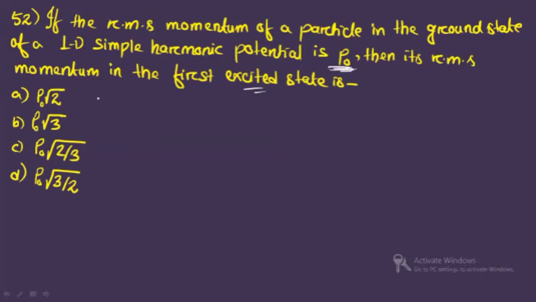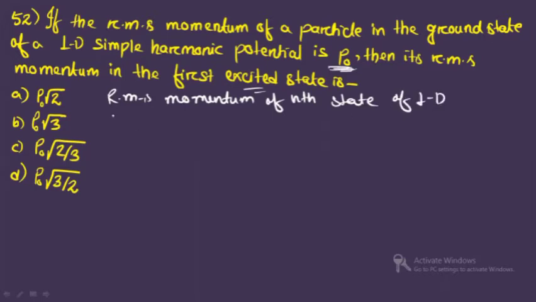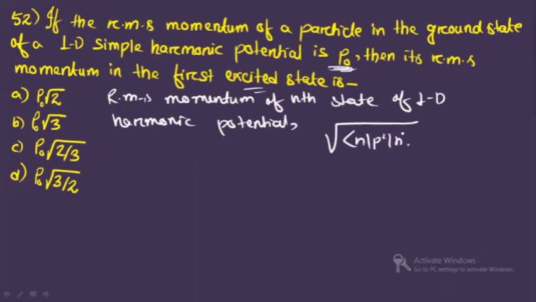And this is the case of a one-dimensional simple harmonic potential. So we know, for a one-dimensional harmonic potential, the root mean square momentum of the n state is, the general formula we will be using here, root over expectation of p square in state n, right?